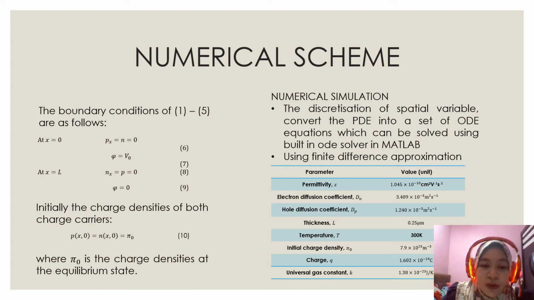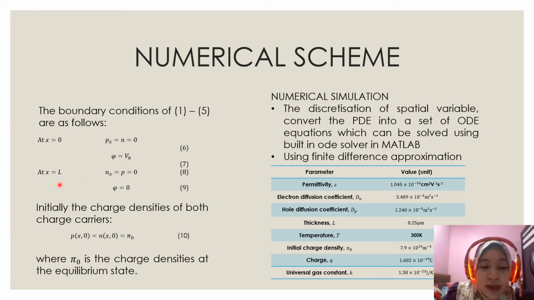The boundary conditions of equation 1 until equation 5 are listed as follows, which consider x equal to 0 up until x equal to L. So when x equal to 0, we consider p equal to n equal to 0, and the potential difference is V naught.